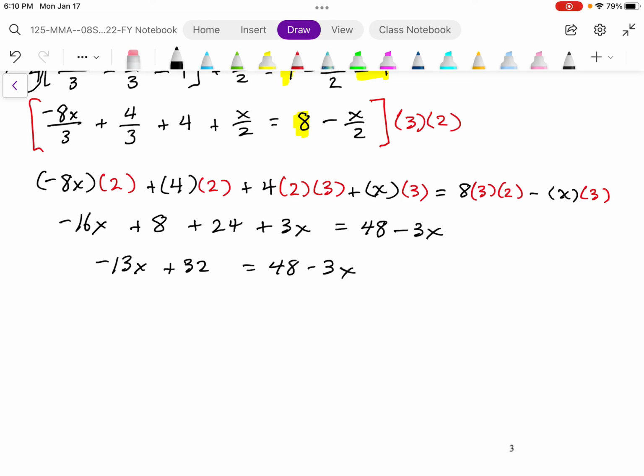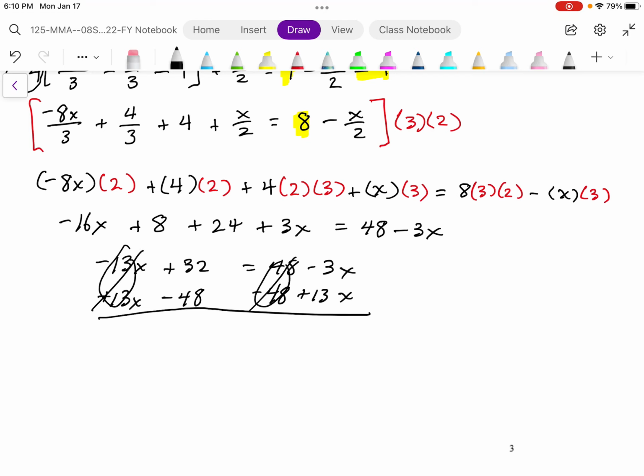Okay, so I can put all the x's on the right hand side by getting rid of the minus 13x, by adding 13x to both sides. I'm going to get rid of the 48 on this side by subtracting 48 on both sides. These terms cancel, so I'm left with 32 minus 48, that's negative 16.